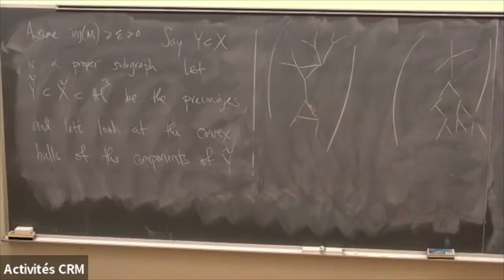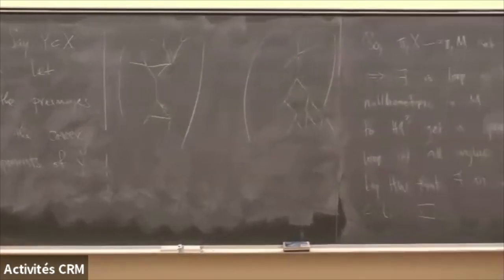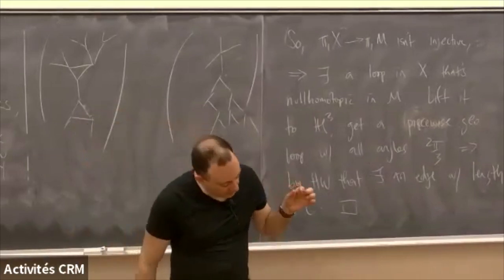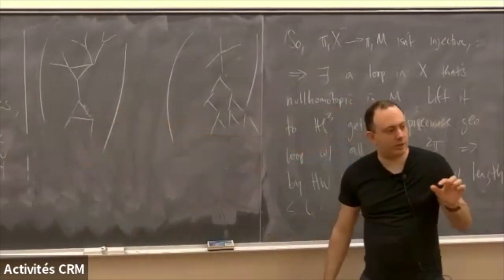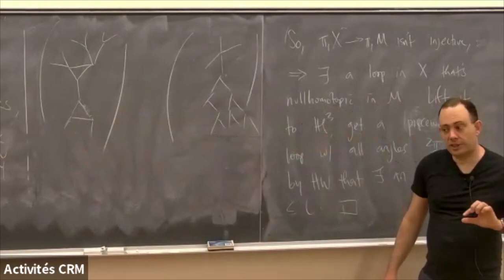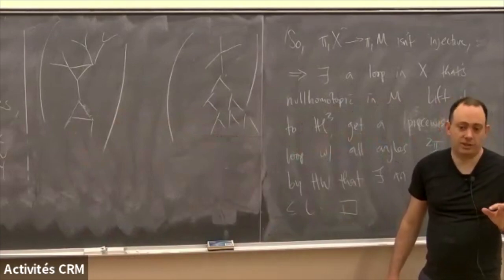Then you can make an argument that's like the fact we did a minute ago. Remember what was the salient thing for that fact? We used that M is not a free group. It's also true that M is not a free product.